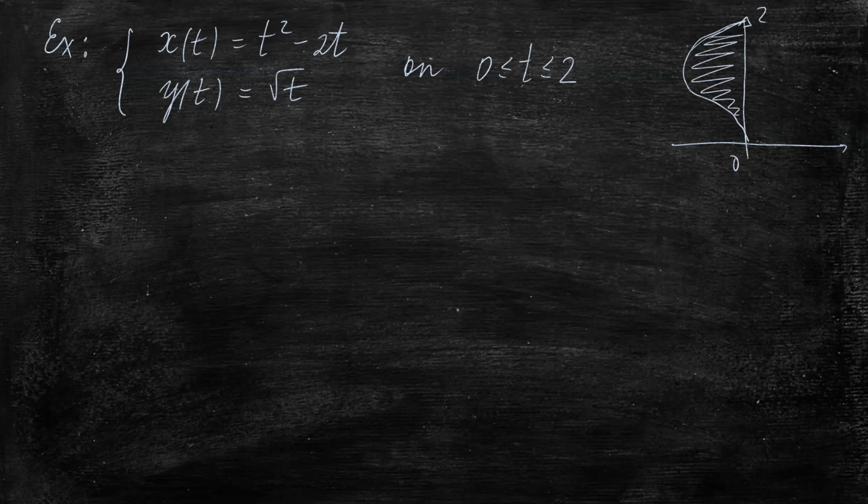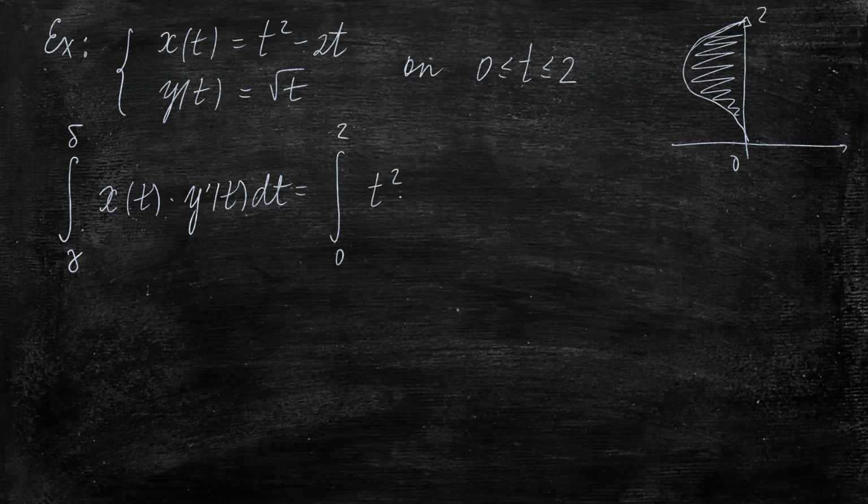So we're going to use this formula. The area will be the integral from gamma to delta, and we're going to integrate x of t, y prime of t dt, and we're going to set it up from 0 to 2. x of t is t squared minus 2t, and y prime of t is just 1 over 2 radical t dt.